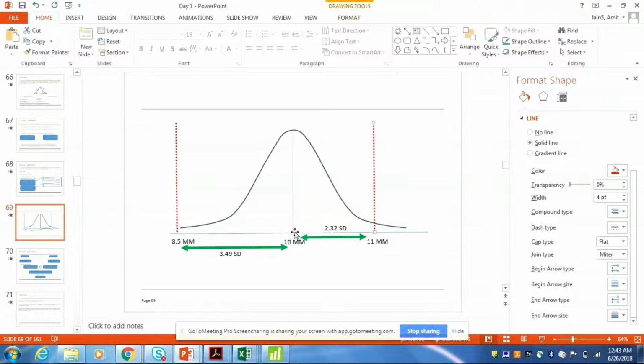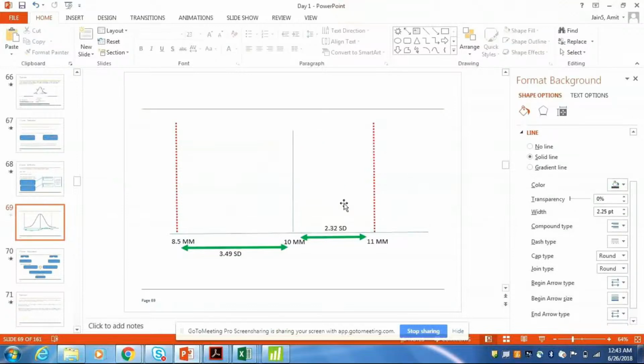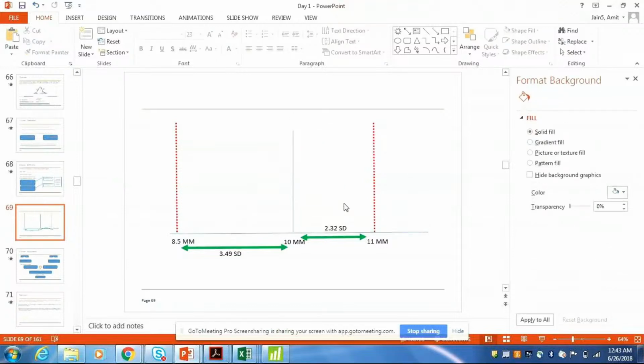According to the bell curve, it's after 11, but let's say I remove this one. Now tell me, we make the maximum between 8.5 and 10, on the low side. Why?